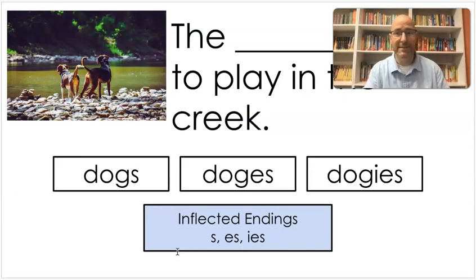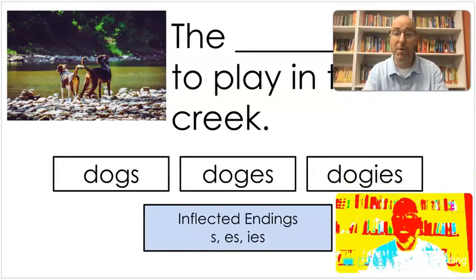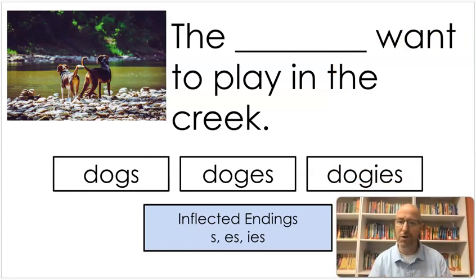Now, let's see if you caught it. I'm going to slide myself back down here again. Which spelling would work correctly? The blank want to play in the creek. Which one is it? Dogs, doges, dogies.